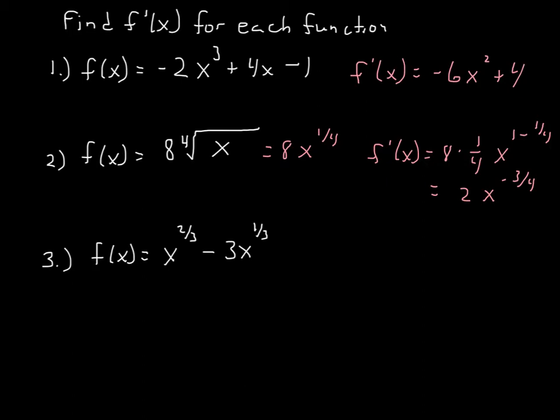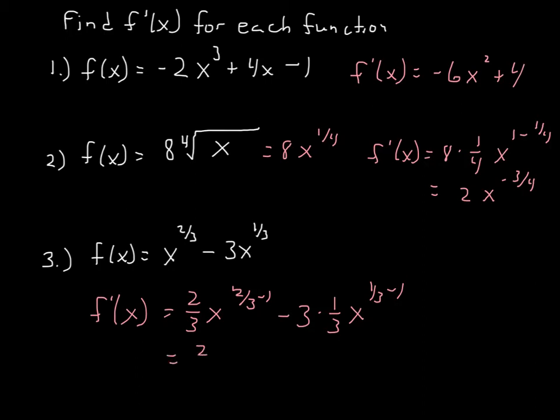In the third problem, we have f of x equals x to the 2/3 minus 3x to the 1/3. And so f prime of x on this one is going to come out to be 2/3 x to the 2/3 minus 1 power minus 3 times 1/3 x to the 1/3 minus 1 power, which results in 2/3 x to the negative 1/3 minus 1 x to the negative 2/3 power.